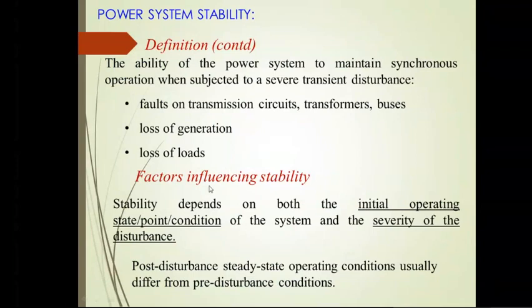Then we have the factors that decide the stability, in fact, how they influence the stability. The stability attained at the new operating point depends upon what the initial operating point was, and then what the magnitude of the disturbance was.